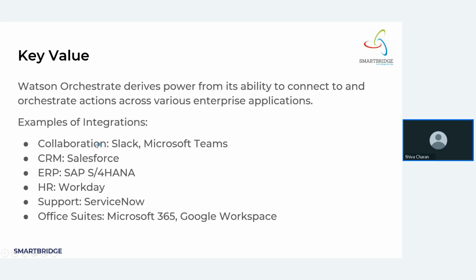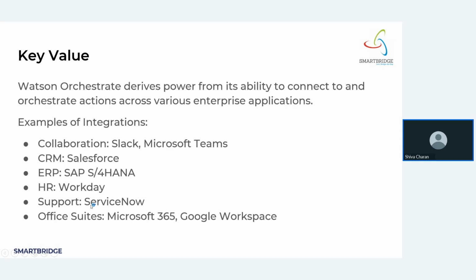In collaboration, there are Slack and Microsoft Teams. By using Slack and Microsoft Teams, it is able to do the automations by using the Watson Orchestrate. Coming to CRM, Salesforce also can do this. In ERP, we can directly use Watson Orchestrate with SAP or S/4HANA. For HR, there is the Workday tool, and we can implement Workday by using the Watson Orchestrate.